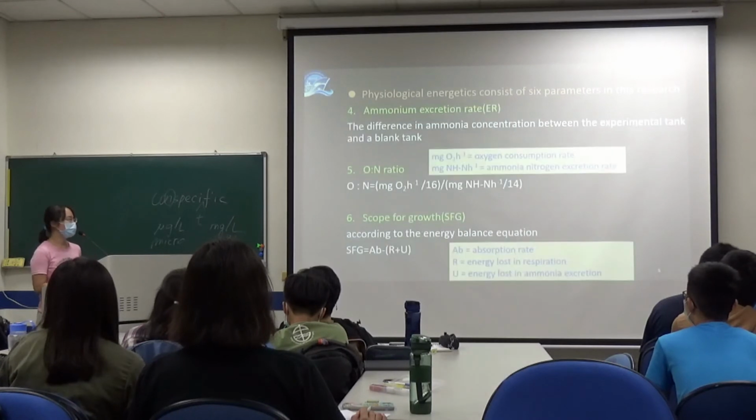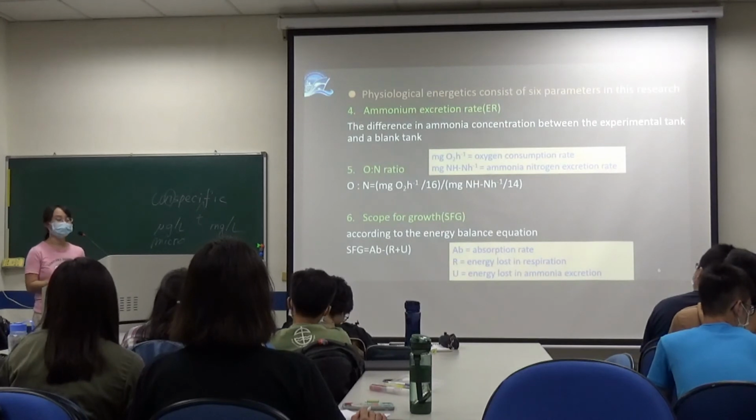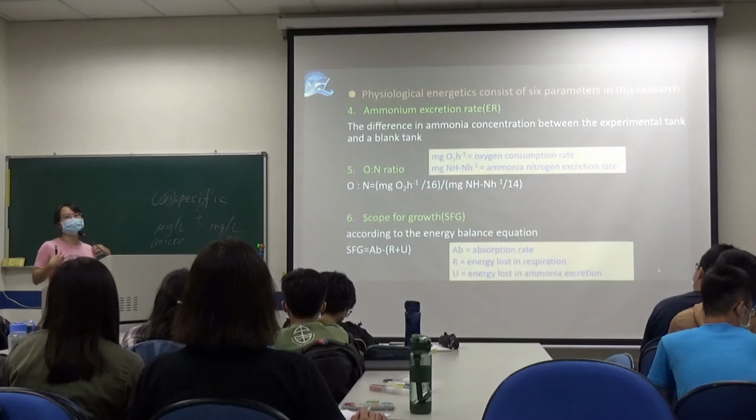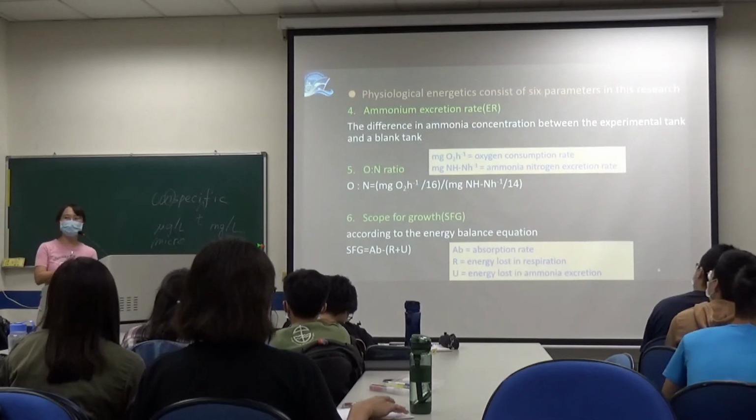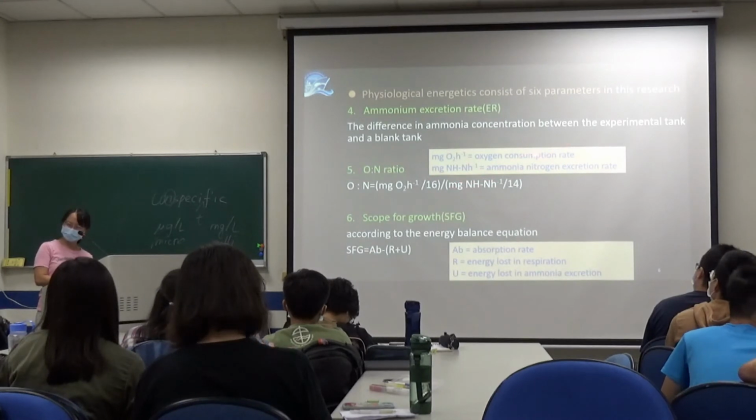For example, this scope for growth is actually a little bit like how much energy is available for the mussel to grow fatter, or there is not so much energy for them to grow in their biomass. Use easier words, because I think these are probably the text from the paper.